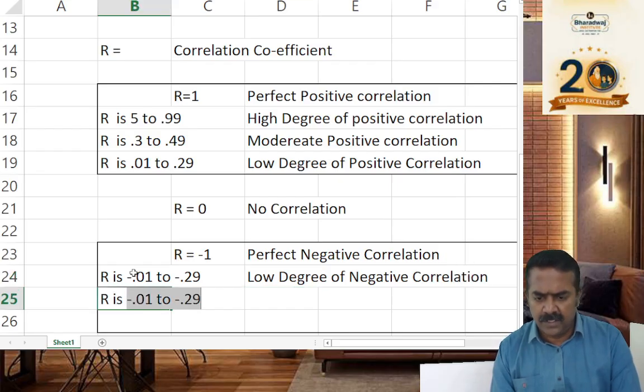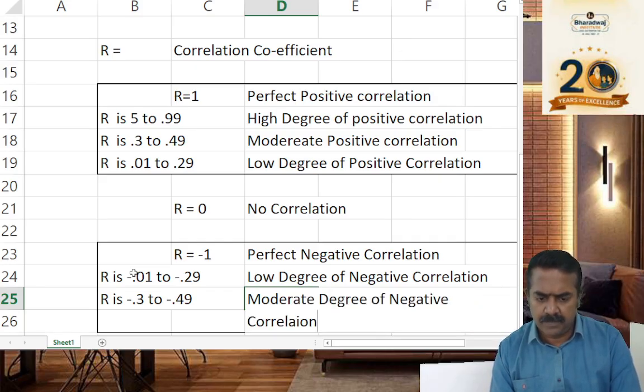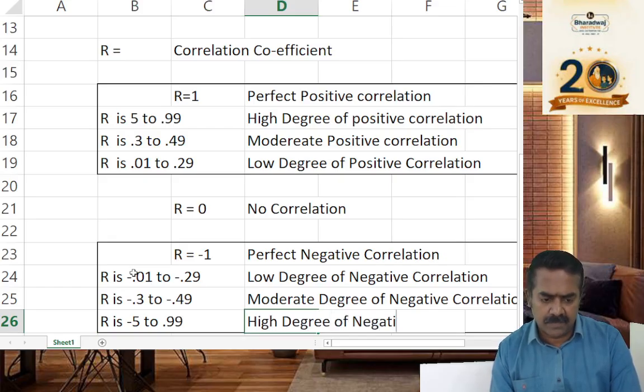If R is minus 0.3 to minus 0.49, we say moderate degree of negative correlation. If R is minus 0.5 to minus 0.99, we say high degree of negative correlation.